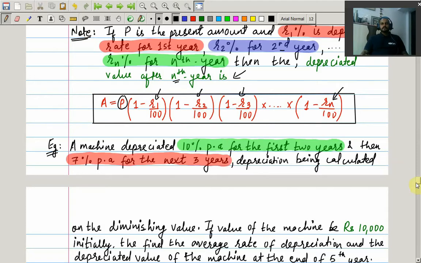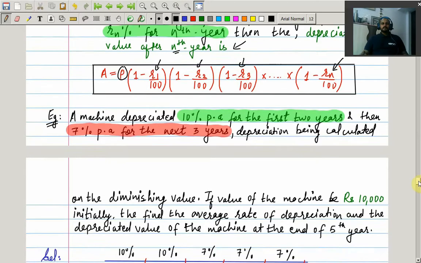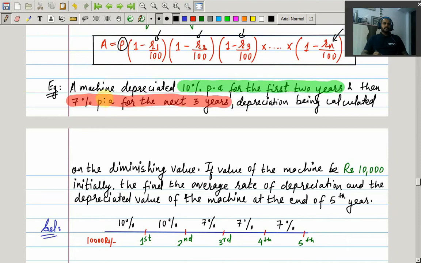So here we have a question on depreciation. A machine depreciated 10% per annum for the first 2 years, then 7% per annum for the next 3 years, depreciation being calculated on the diminishing value.